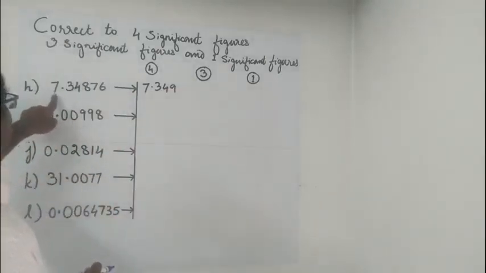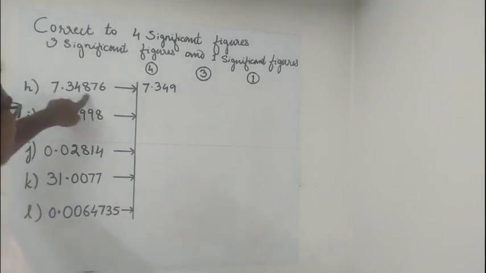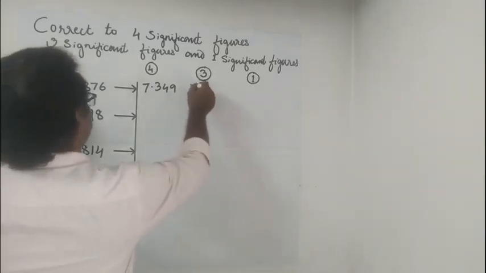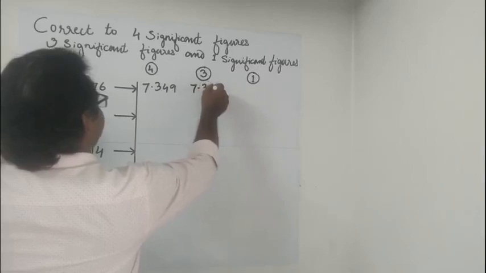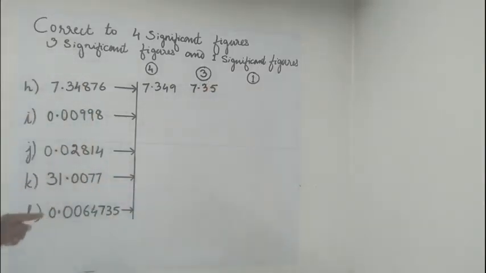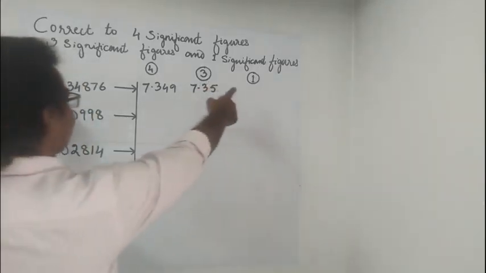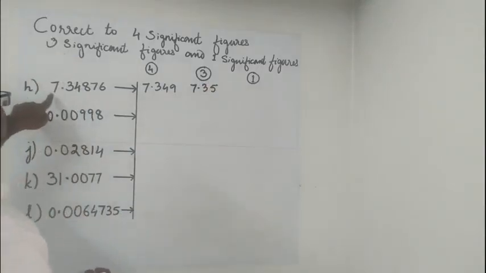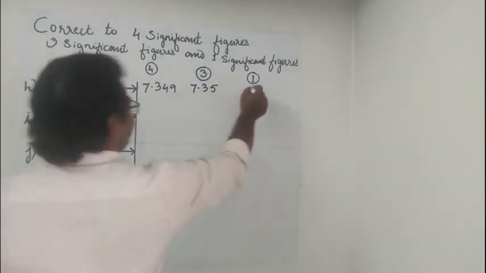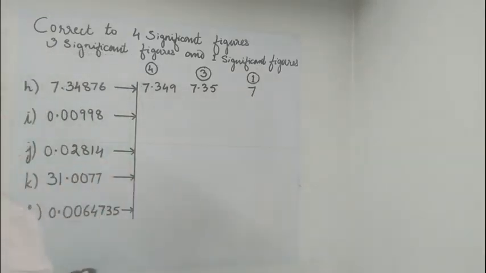So focus on the 3-digit number, 1, 2, 3. After the 3-digit number, there is 8, greater than 5. So we have to add 1 to this number. So 7.35, isn't it? Next, 1 significant figure. We have to focus on 1, 7. Here is 3. So simply write down 7 here. Okay.